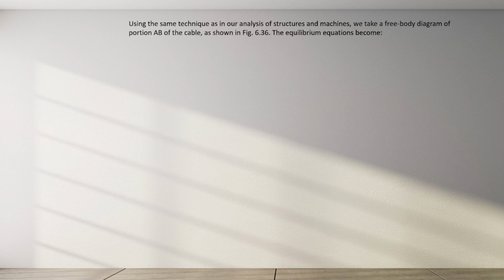Using the same technique as in our analysis of structures and machines, we then make a free body diagram of portion AB of the cable, as shown in figure 6.36.